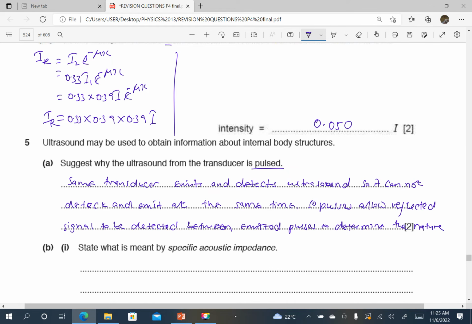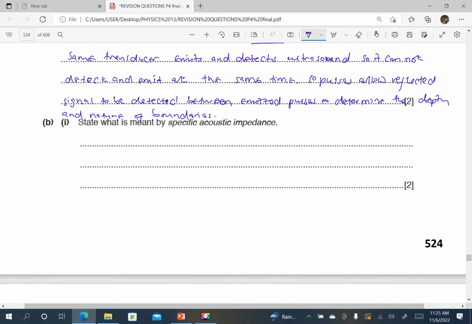To determine the depth and the nature of boundaries. Okay, so that is why ultrasound is pulsed.